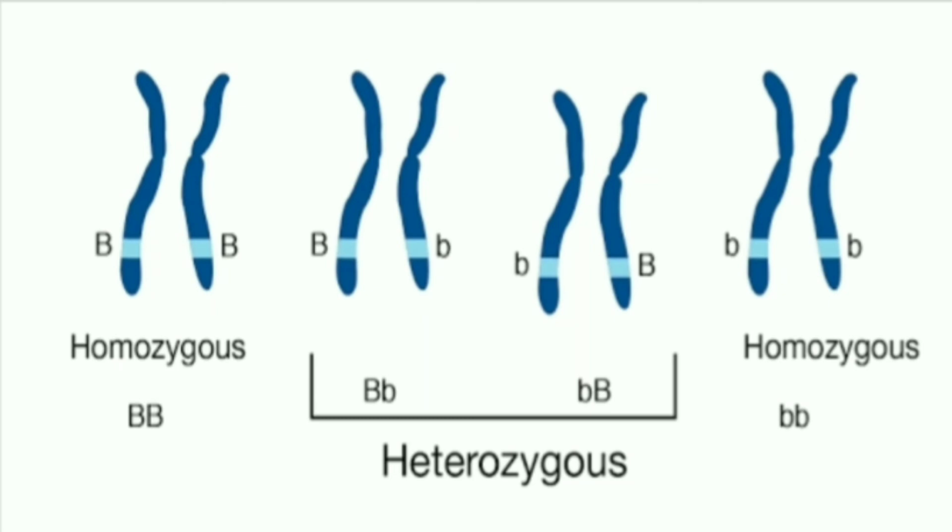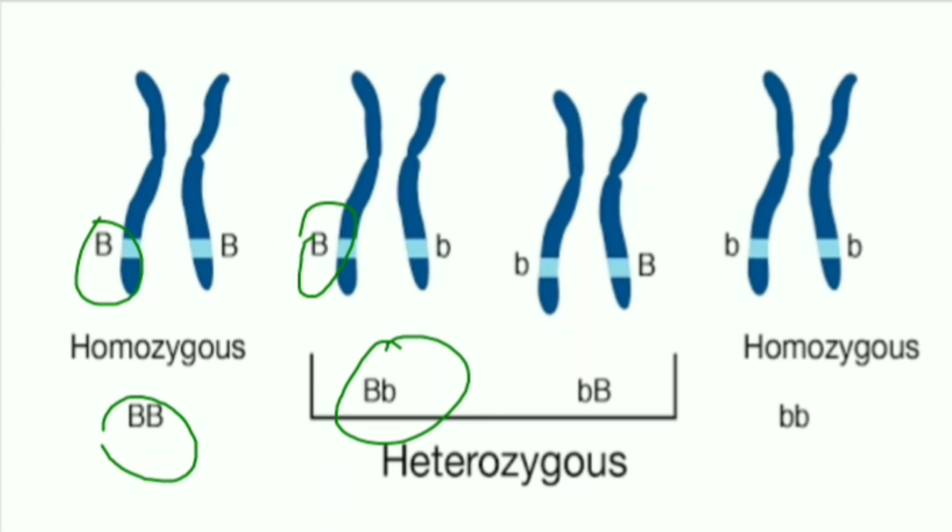In a homozygous condition, which is capital B and capital B, it has a single type of gamete, that is capital B. Whereas in the case of heterozygous condition, that is capital B small b, it has two different types of gametes, that is capital B as well as small b. So we can say that in the case of homozygous, the genotype is of a single type of gamete, whereas in the case of heterozygous, the genotype is due to two different types of gametes.